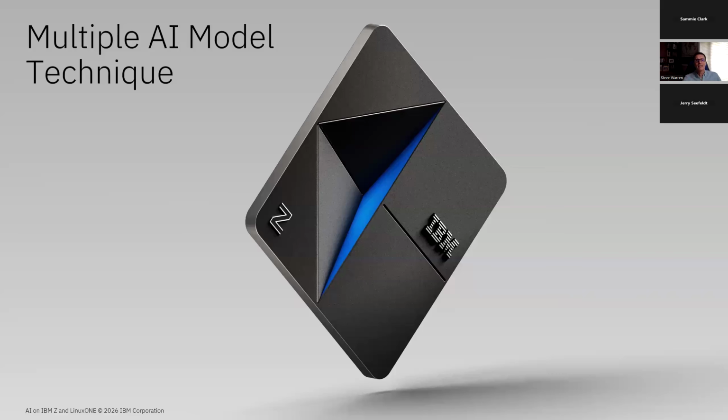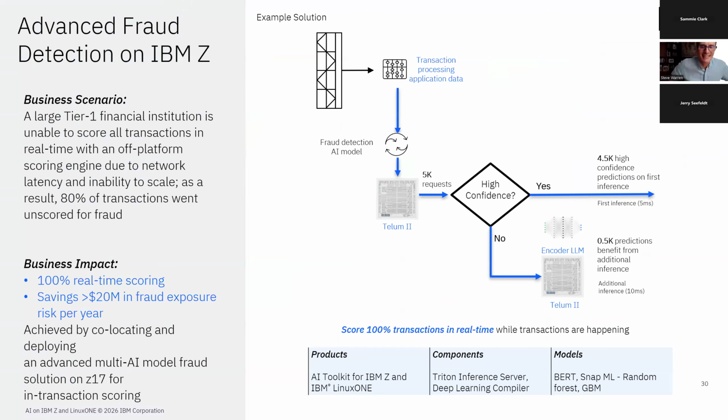There's a multi-model technique, which basically on the IBM Z17 allows you to sometimes use more than one model at a time. So when you have a particular request, in this example, a request comes in for fraud detection. For 90% of the cases, it's very obvious that it's not fraud or it is fraud. If I have high confidence, I just go ahead and take the risk abatement action.